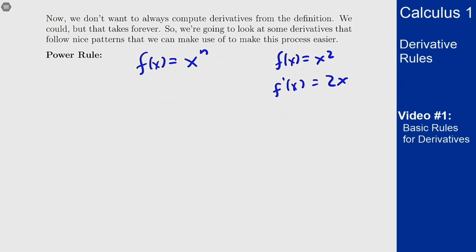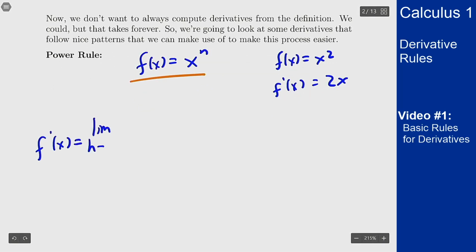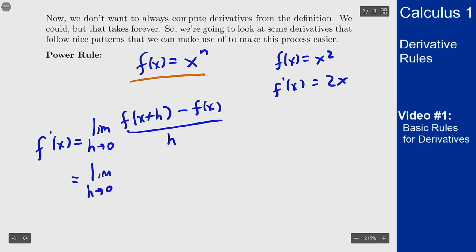So for this function f, we can compute f prime from the definition: limit as h goes to 0 of f of x plus h minus f of x all over h. So I can rewrite this as the limit as h goes to 0 of x plus h to the n minus x to the n over h.